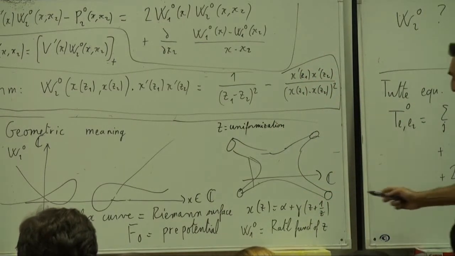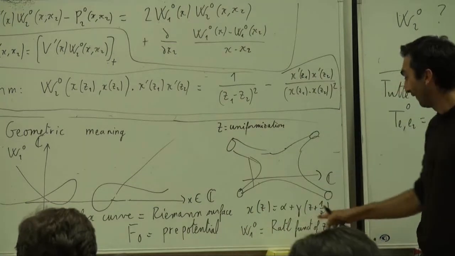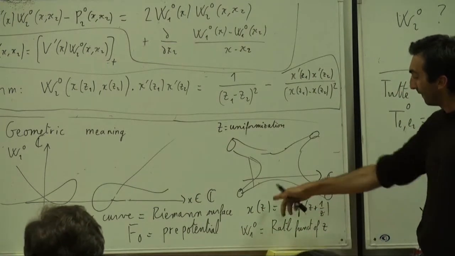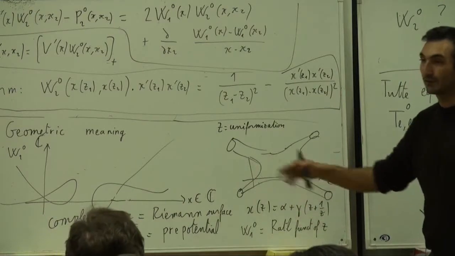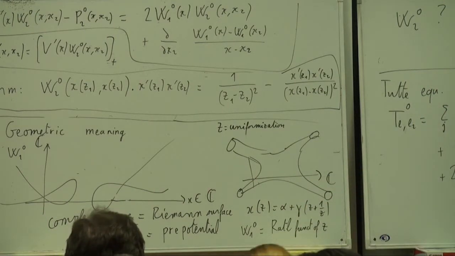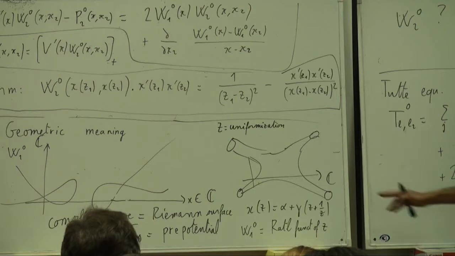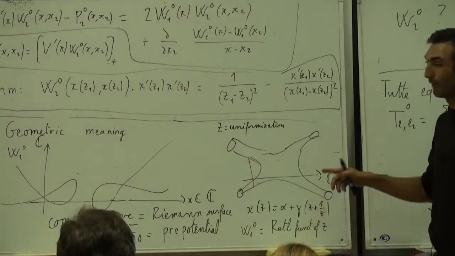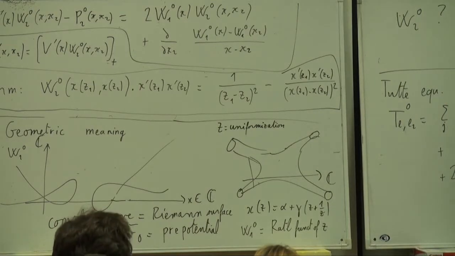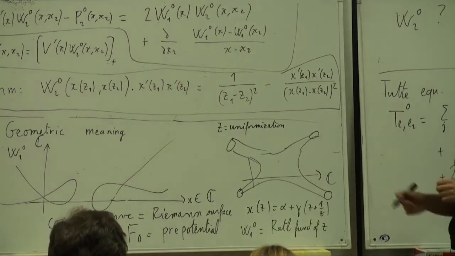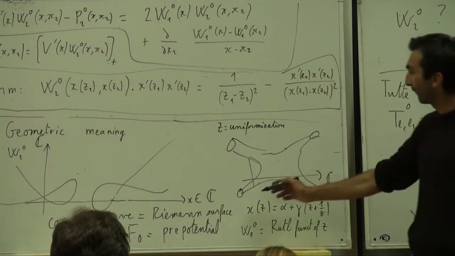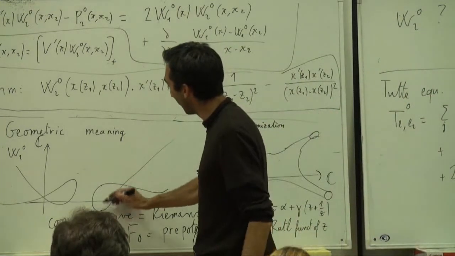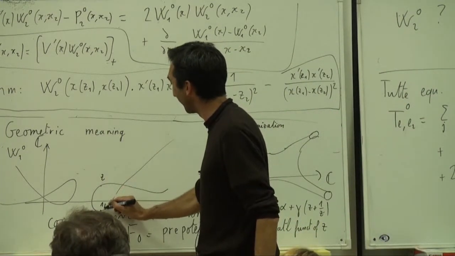So what this means is that for a given value of x, if you want to find z, you indeed have two z's which correspond to the same value of x. And the two z's which correspond to the same value of x are z and 1 over z. And they correspond to the square root. So changing z to 1 over z gives the same x, so somehow if this is z, this point is 1 over z.